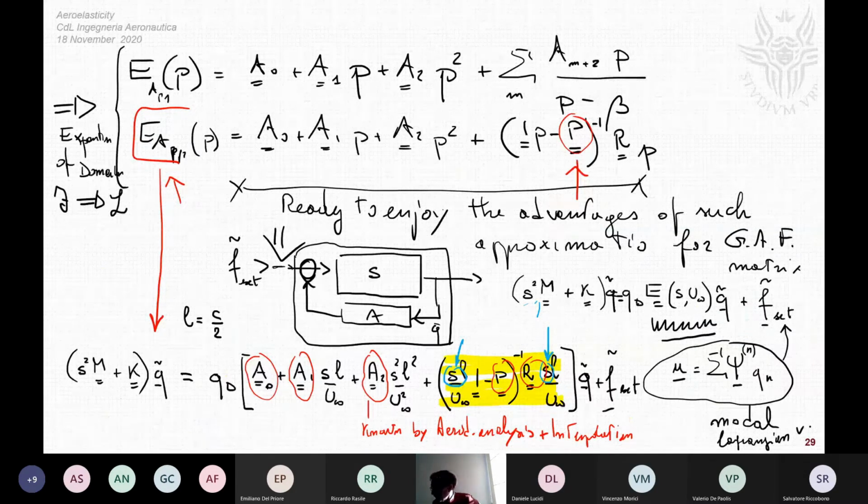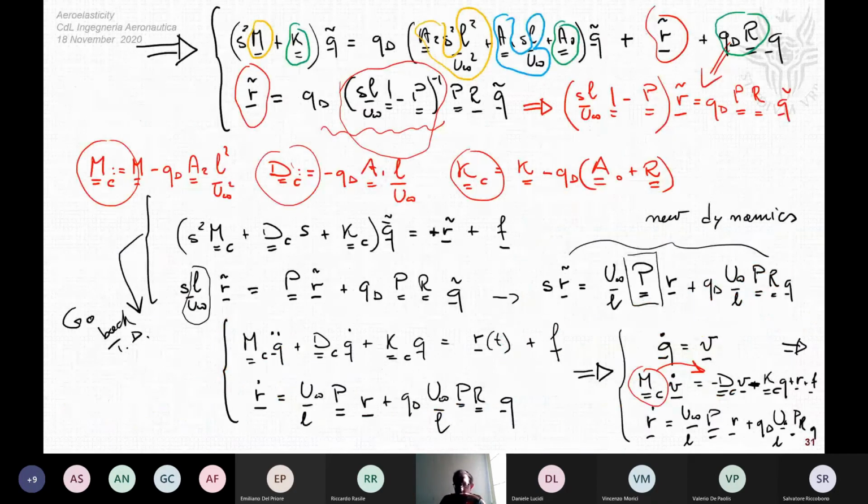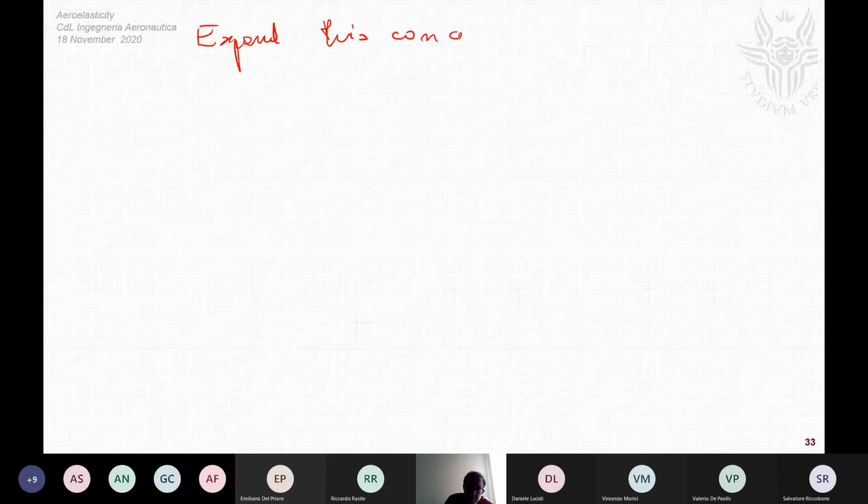Okay. I want to expand this concept to exercise number 2. I mean, to Theodorsen theory.